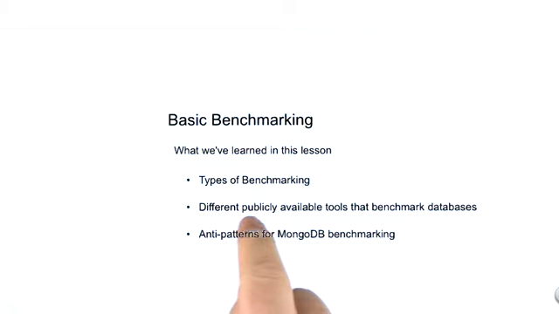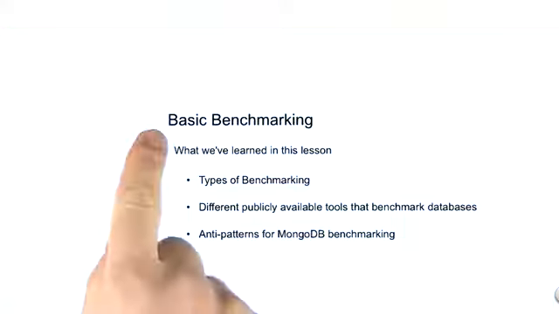There are obviously different public tools available out there that benchmark databases, but make sure that you are using the one that is more suited to the database that you are interested in testing. And don't forget about the anti-patterns of MongoDB benchmarking. These are very, very important for you to get a truthful view of how the system is actually going to be behaving. And that's all we have for basic benchmarking.